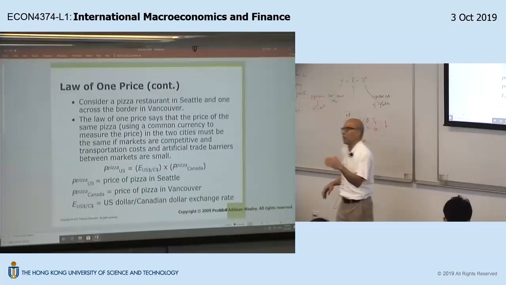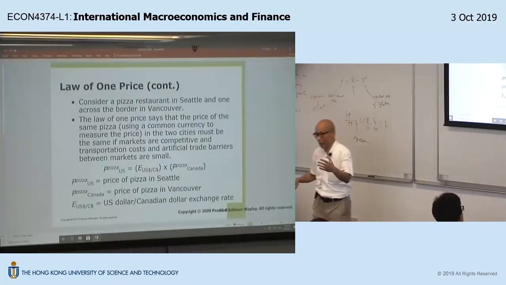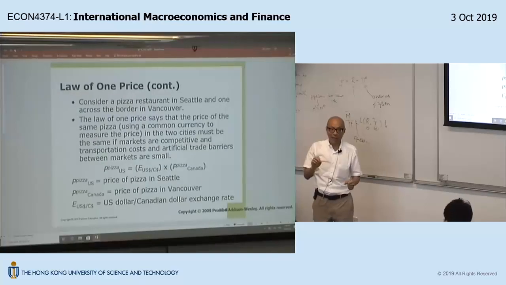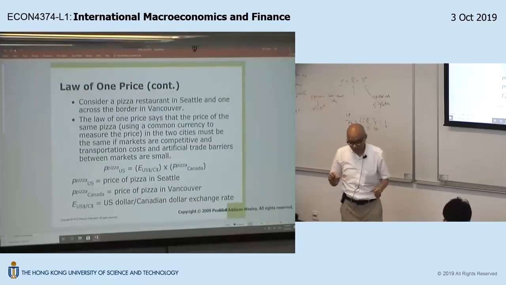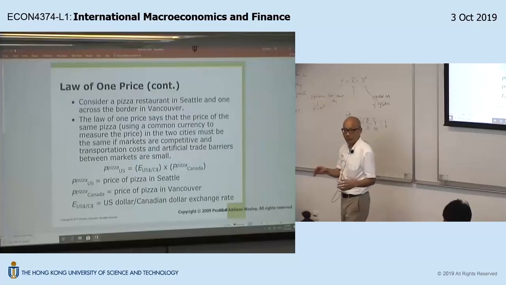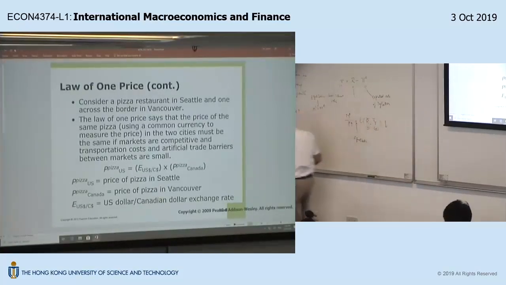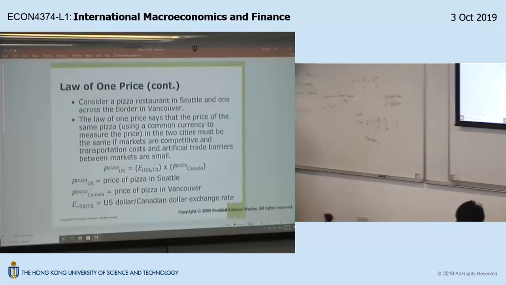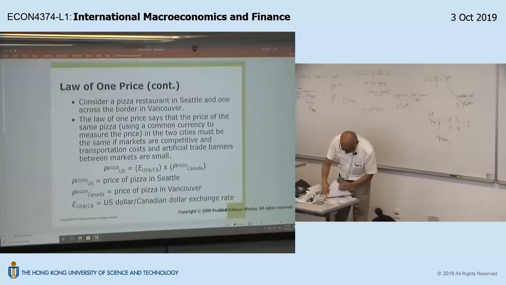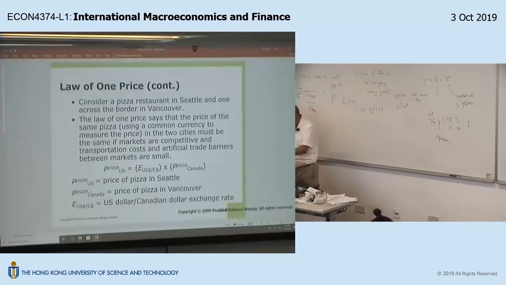The Economist magazine has this Big Mac index. They publish it every once in a while. They look at the price of a hamburger, and then they ask whether the currency is overvalued or undervalued, right? So this is actually just for fun.